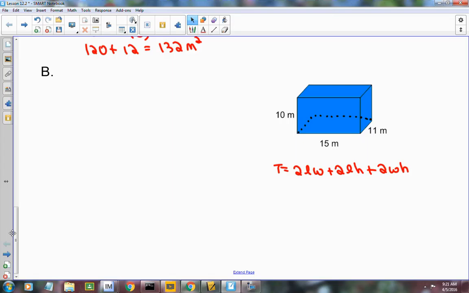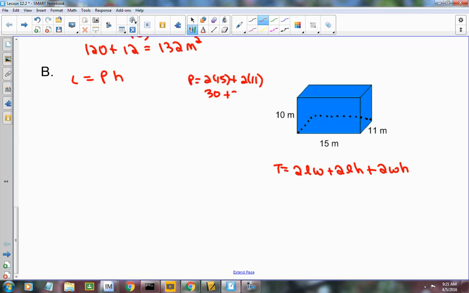So if you wanted to find the lateral, the perimeter of the base times the height of the prism, well, my base is a 15 by 11 rectangle, so that's 2 times 15 plus 2 times 11, that's 30 plus 22, that makes the perimeter 52. So that's 52 for the perimeter, and then what's the height? 10. And so the lateral ends up being 520 meters squared.